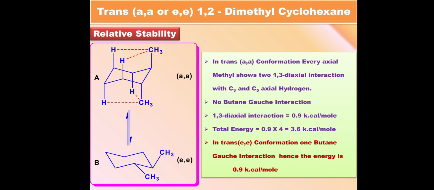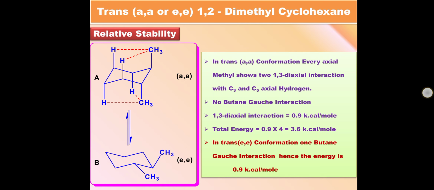So there are 4 1,3 diaxial interactions corresponding to 2 axial methyls, and therefore the energy goes to 3.6 kilocalorie per mole. Whereas in trans equatorial conformation, there is only one butane-gauche interaction, and hence the energy is 0.9 kilocalorie per mole.